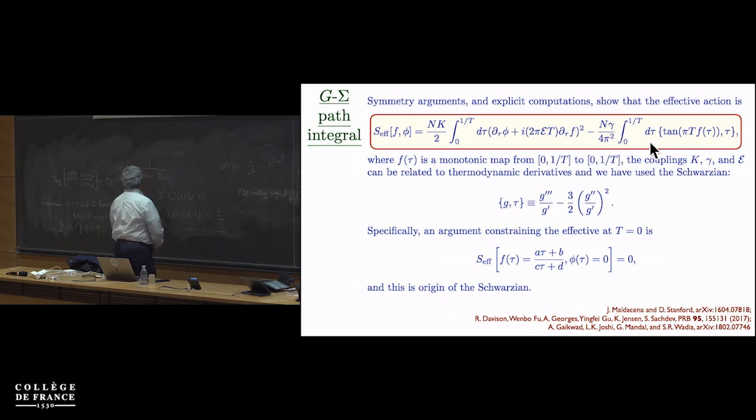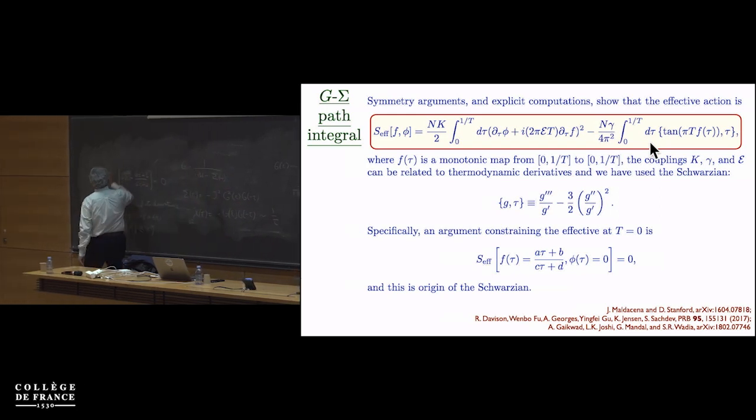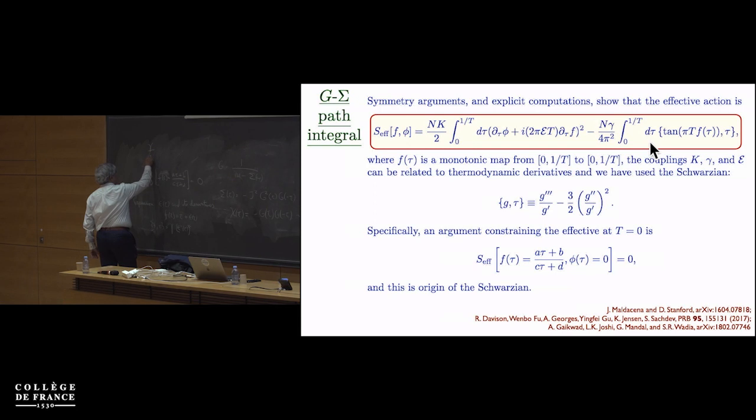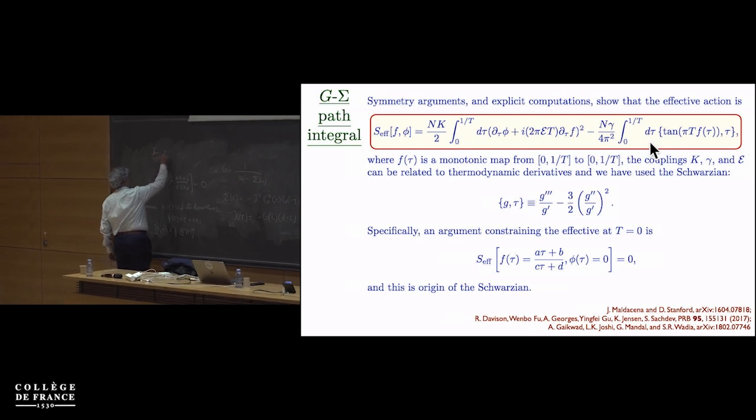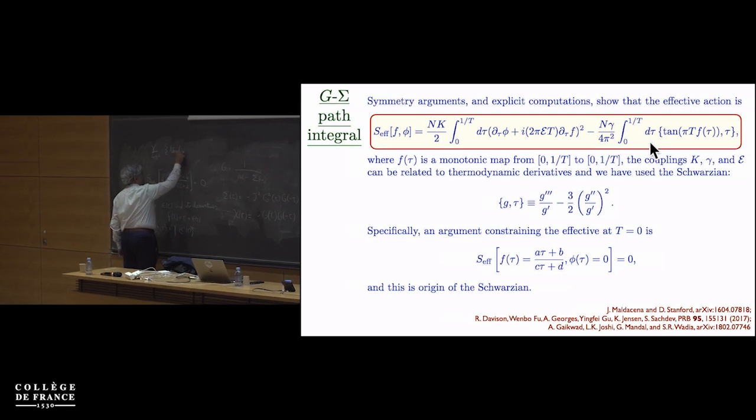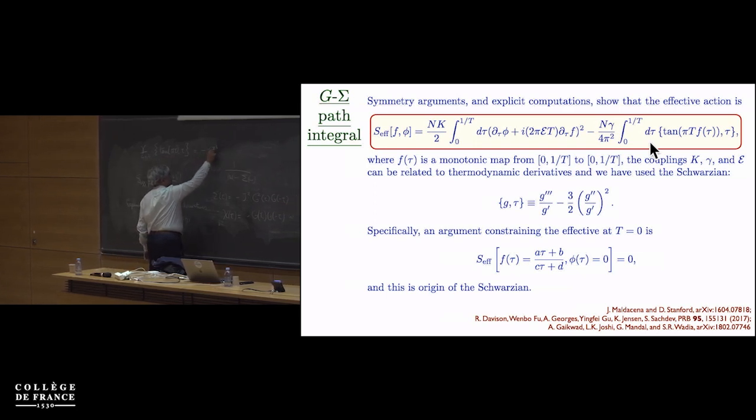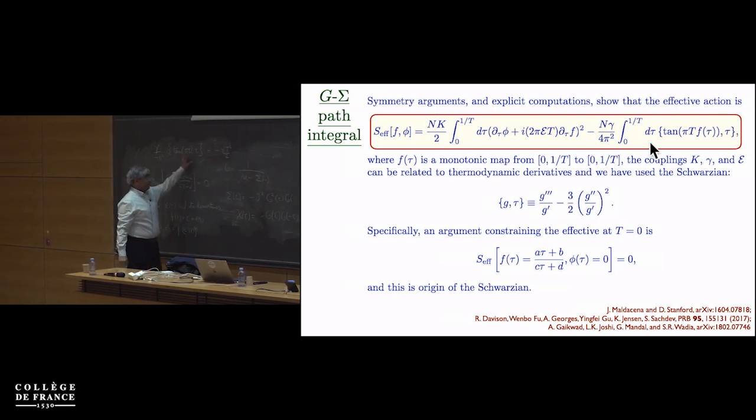So for f of tau equals tau, you take the large term, which is gamma over 4 pi squared, tan pi tau, comma tau, evaluate the Schwarzian, and if I remember this right, it's minus gamma t squared over 2. That's why the 4 pi squared was chosen for this to work out.